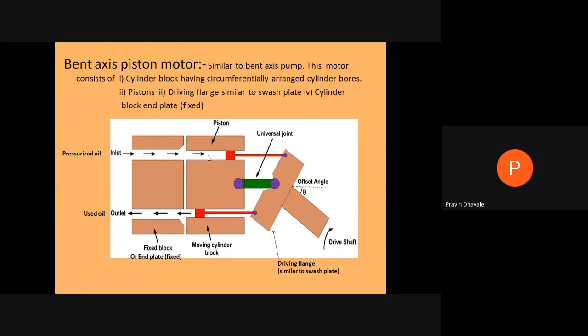So vacuum will be generated over here. And in the next position, when this flange is nearest to this moving cylinder, at that time, whatever fluid was sucked over here will start to discharge from this outlet port.